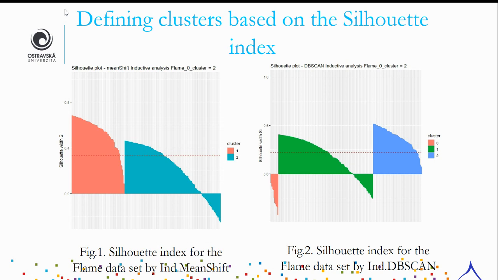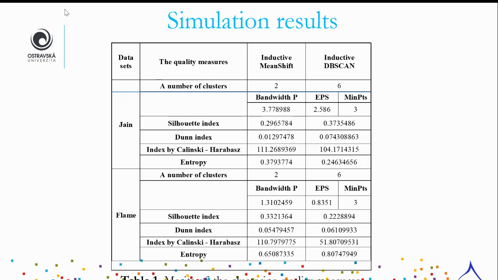But for the Flame data set, you can see that DBSCAN has detected three clusters in the data set, but we know for sure that the data set contains just two classes, so it's a mistake. And as we can see, the inductive mean shift performed better in this case. In this slide, you can see a table containing all the tunable parameters required for the algorithm's workflow.